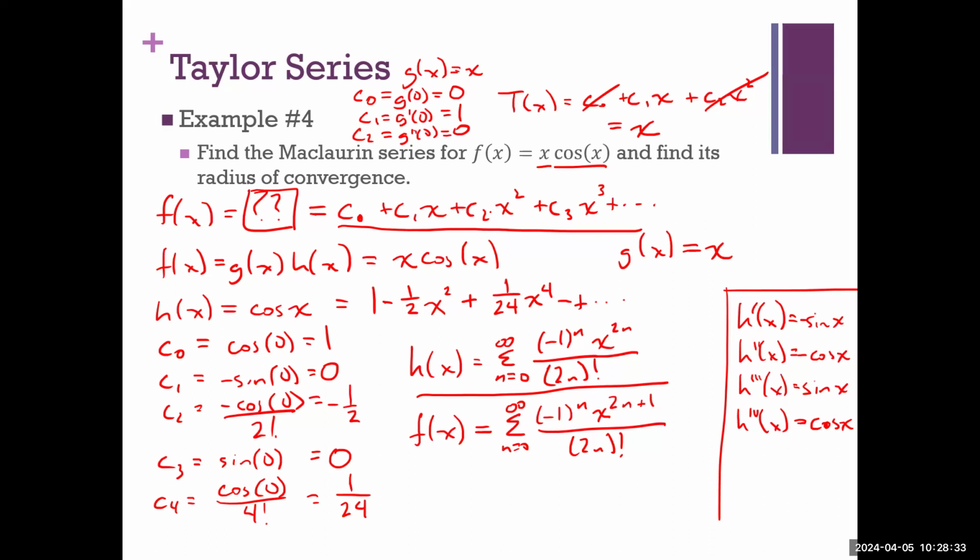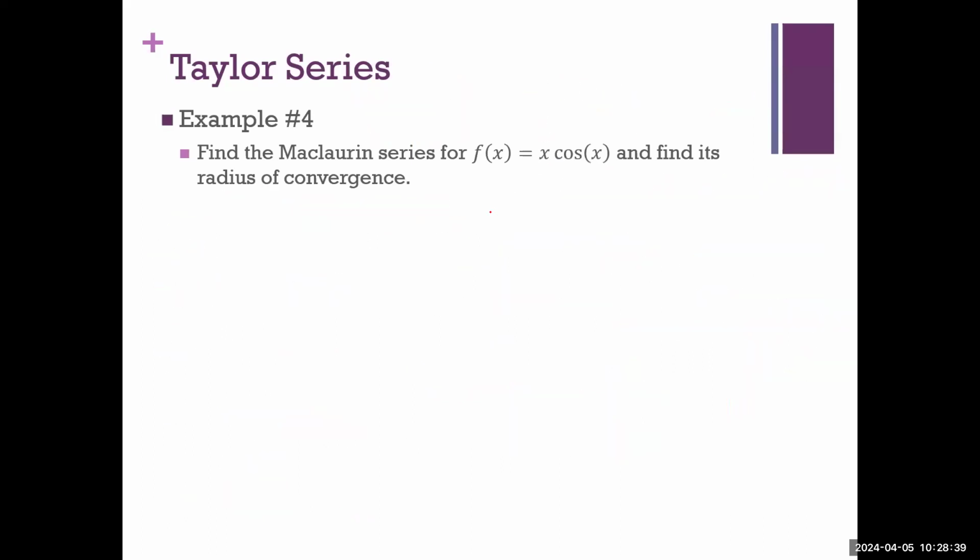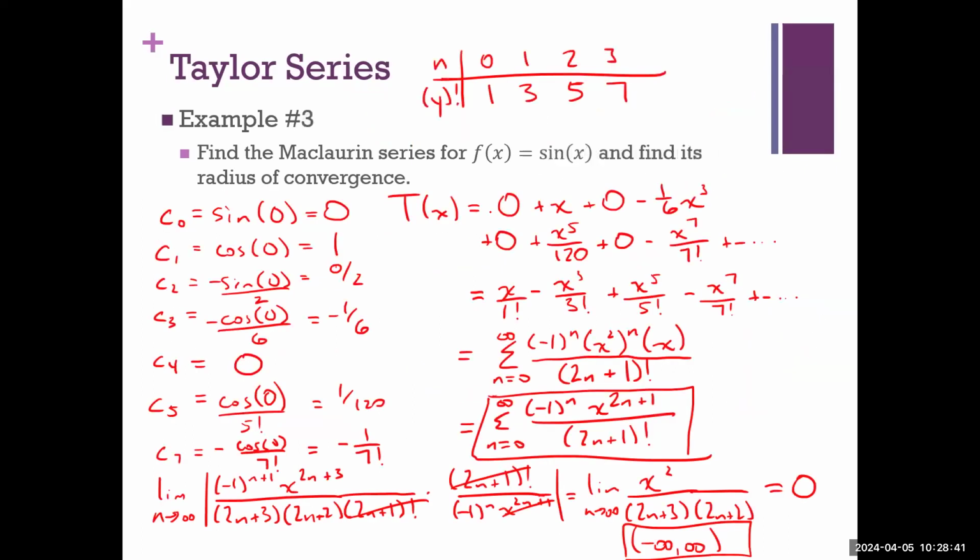One is the derivative of the other, right? Cosine is the derivative of sine. So if we look at sine, we built this last time, right? If we take a derivative of this, what do we get?